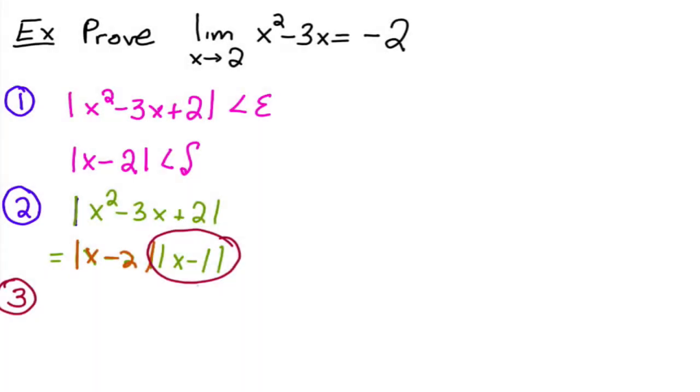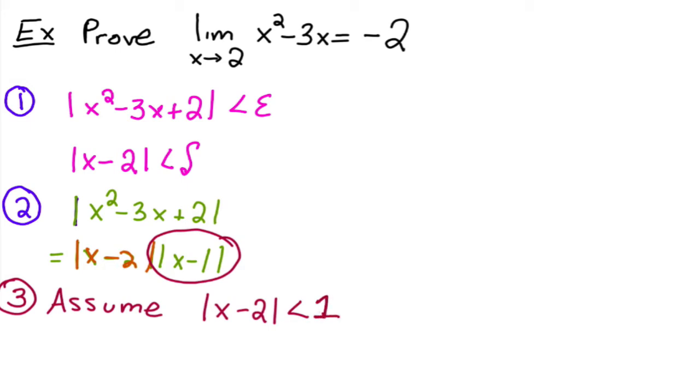And so what you do is we're going to assume, since you already know that delta is going to be small, in other words, |x - c| is going to be small, and if making it smaller doesn't hurt the proof, let's just assume that |x - 2| is going to be less than 1.